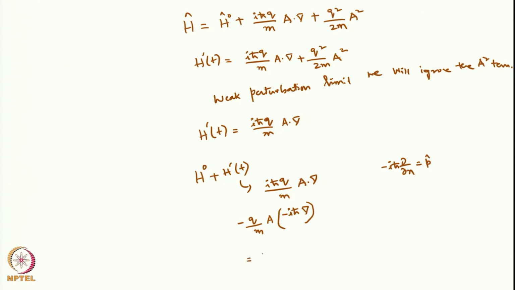So this is nothing but minus q by m A dot p, that is your H prime of t. Okay. So, this is my time dependent perturbation. Now, we know what is the time dependent perturbation. Okay. We will stop it here and continue in the next class.